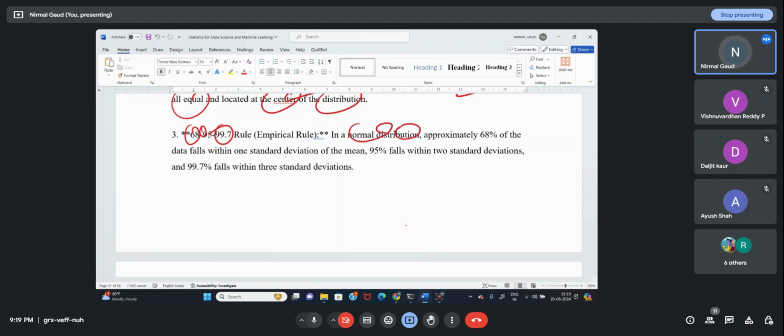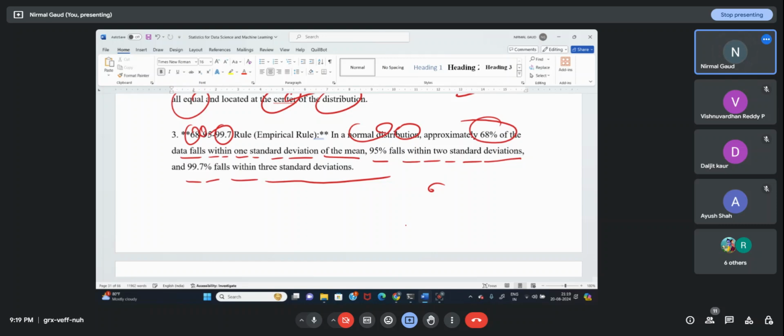In normal distribution, approximately 68% of the data falls within one standard deviation of the mean. 95% falls within two standard deviations, and 99.7% falls within three standard deviations. What do these standard deviations mean? It's saying that 68% of the data falls in one standard deviation, that is sigma.